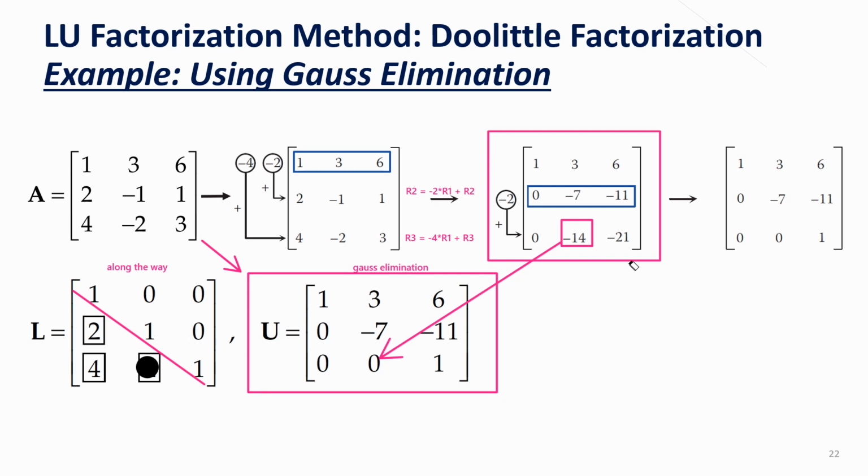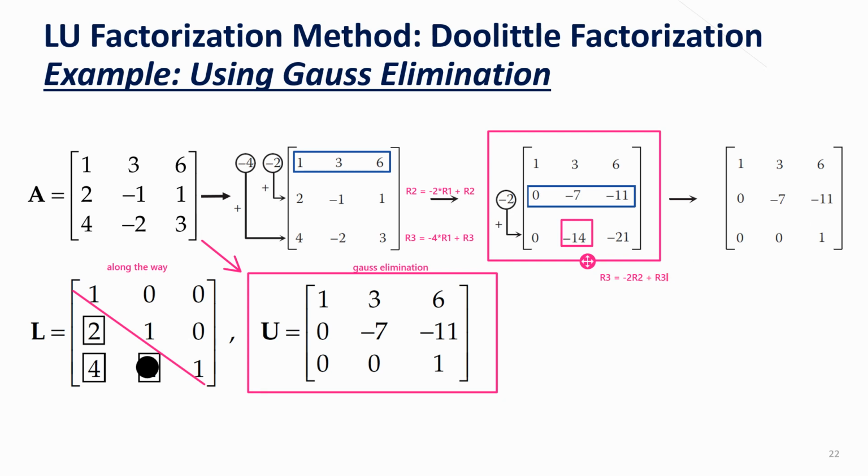Okay, now what you need to do to get the new value of this one is that row 3 will be equal to, you select the second row as a pivot row. So minus 7 over 14, you get minus 2, multiplied by row 2 plus the old value of row 3.